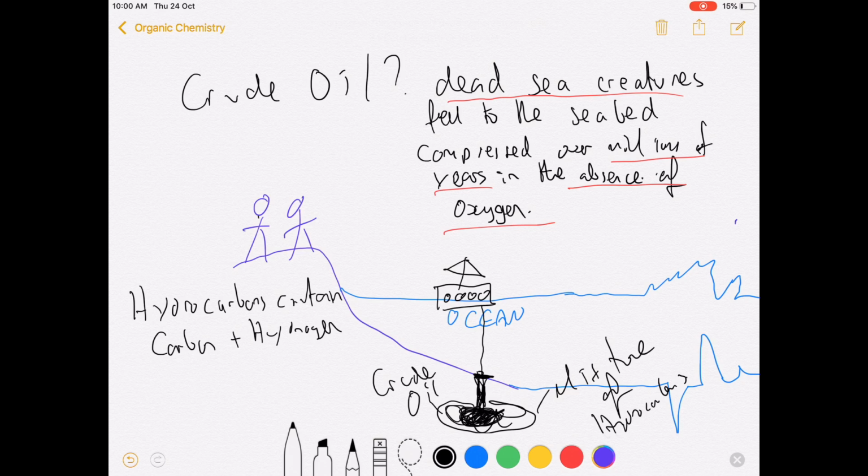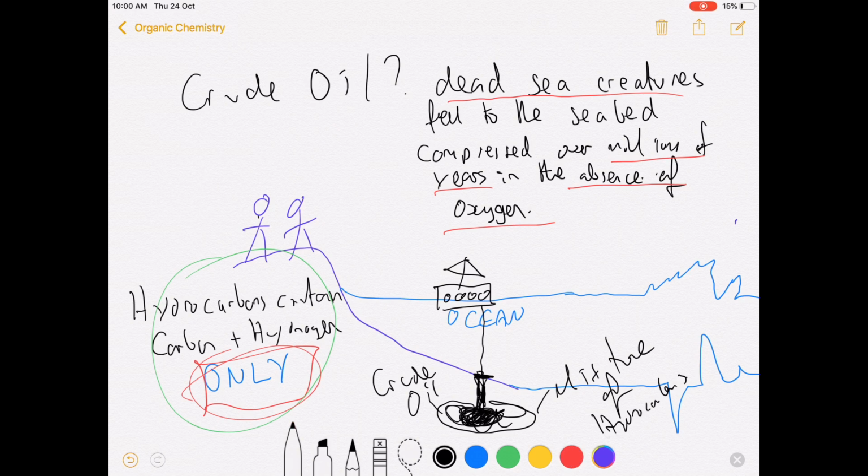Is that enough to get a mark on your paper? No, because the iGCSE want you to say hydrocarbons contain carbon and hydrogen only. And if you don't put only at the bottom of your definition of what a hydrocarbon is, you get no marks. Make sure you use the word only.